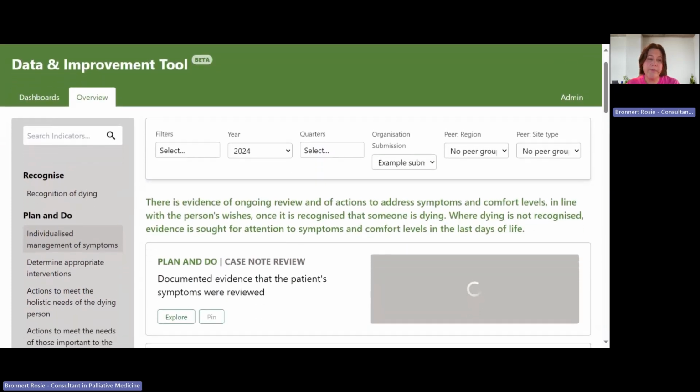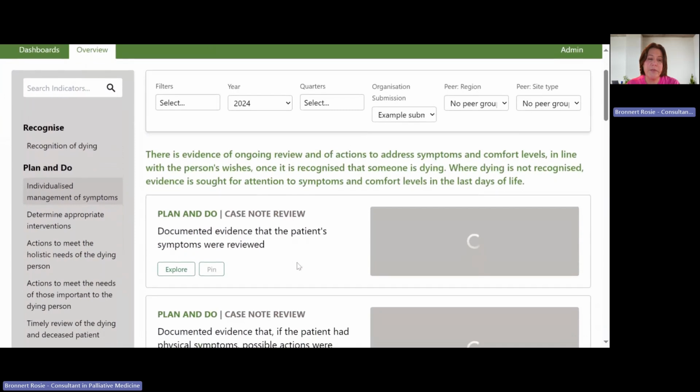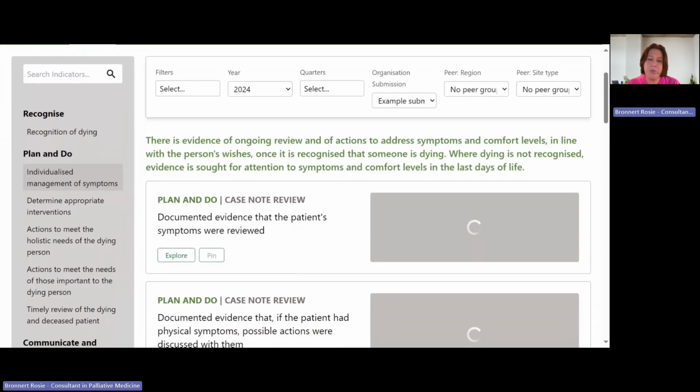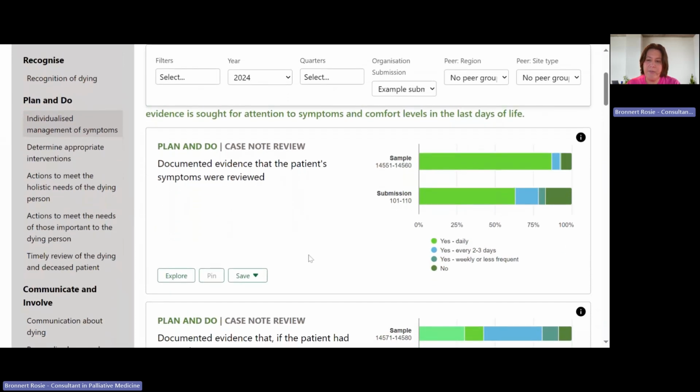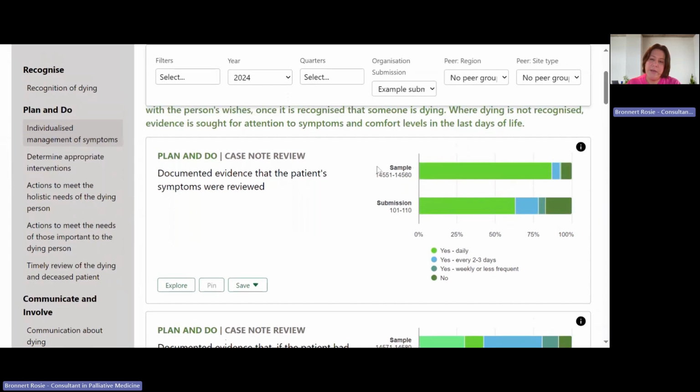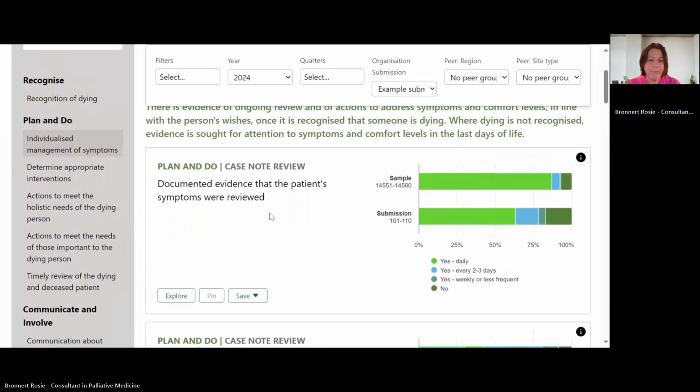So for example, if we move on, still in the overview section, into the individualized management of symptoms section, then you can see that there are some more stark differences here in the national sample versus this example submission's information.